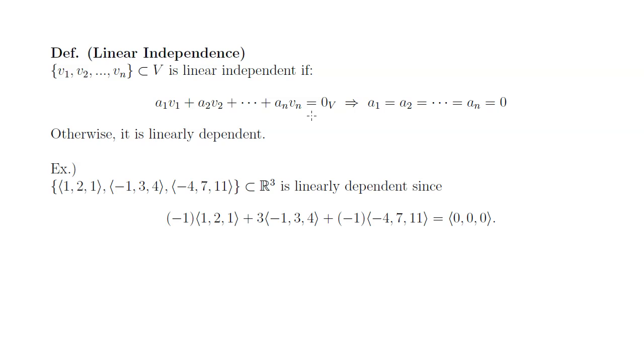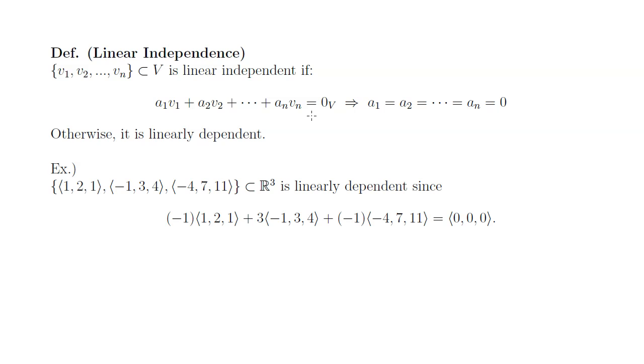Right? So we say they are linearly independent. But if you can have a non-zero coefficient and we can still get 0, then we say the set is linearly dependent.